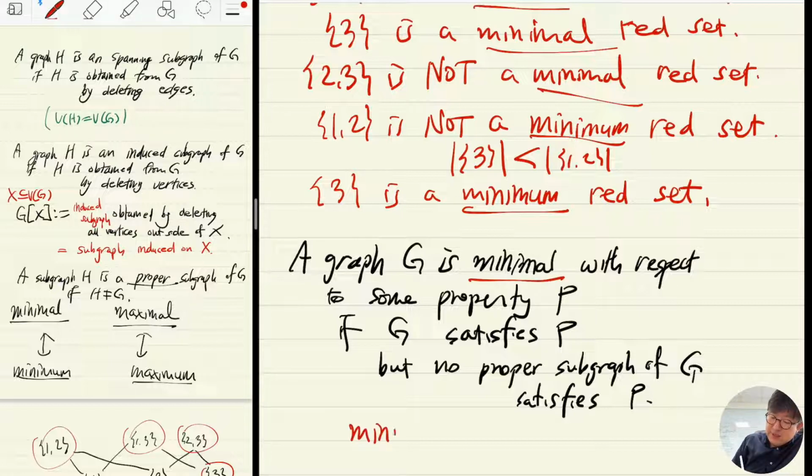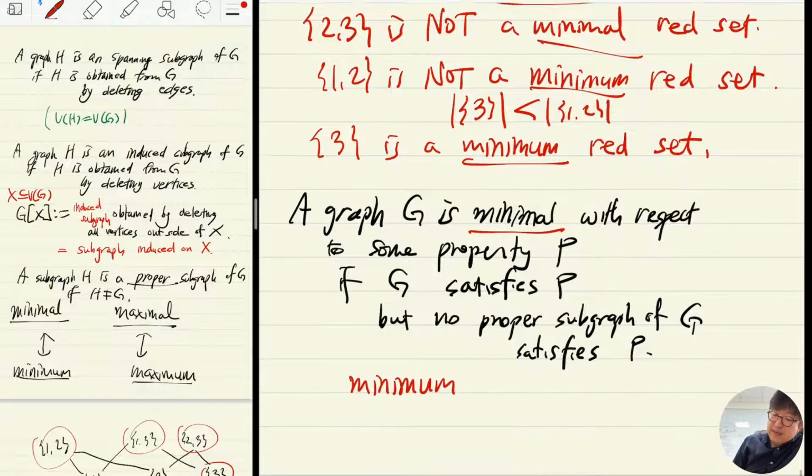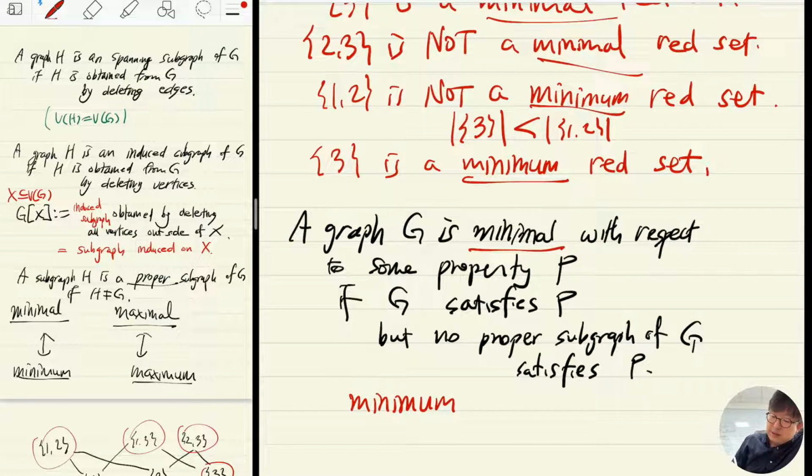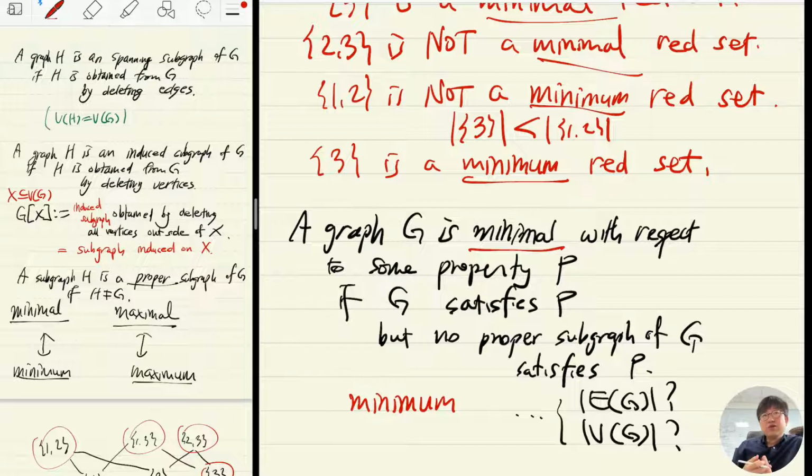And when you say minimum, it's not the case. Normally you may talk about the number of edges or the number of vertices, depending on the context. You might have the smallest possible graph satisfying a certain property. Then we say minimum.